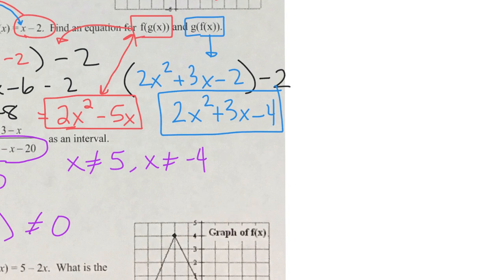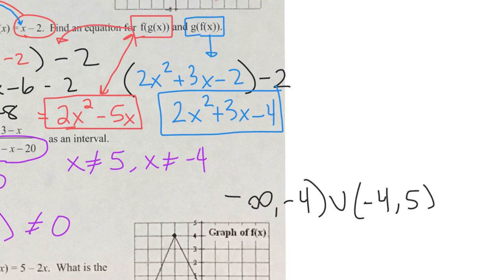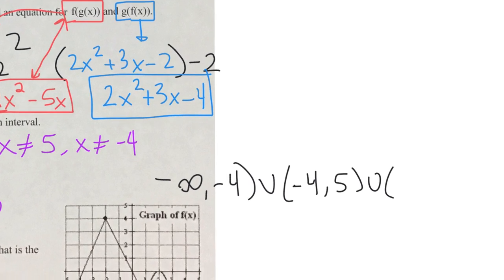So we only have 2 numbers that we can't have on there. Negative infinity to negative 4, then negative 4 to 5, and then from 5 to infinity.